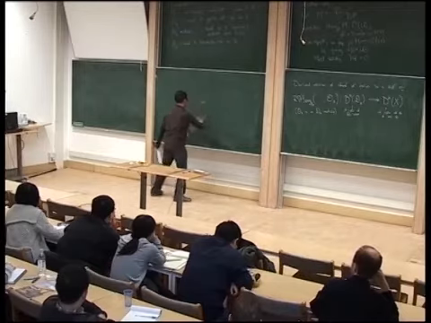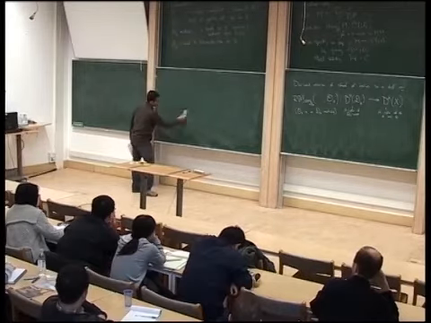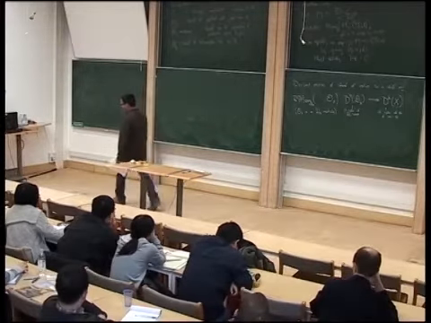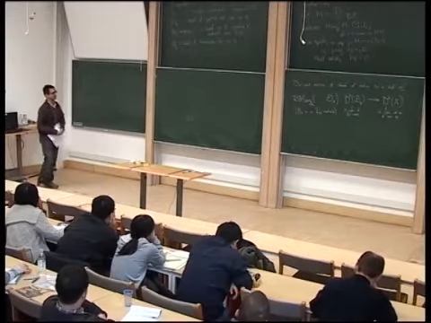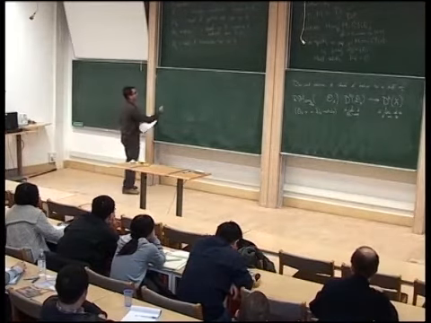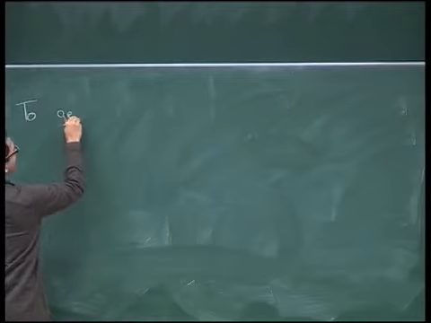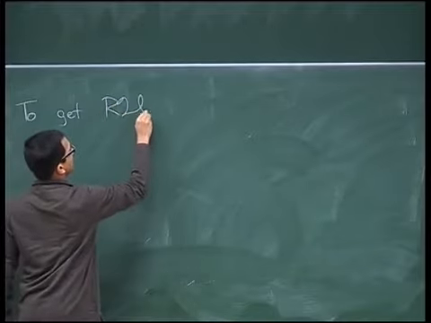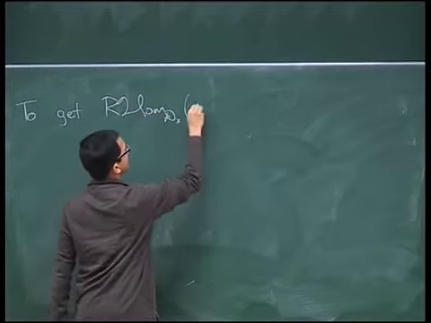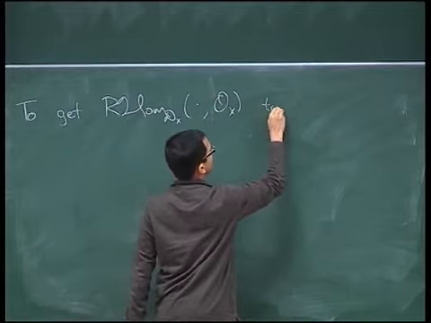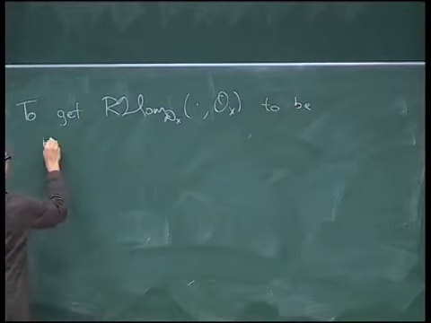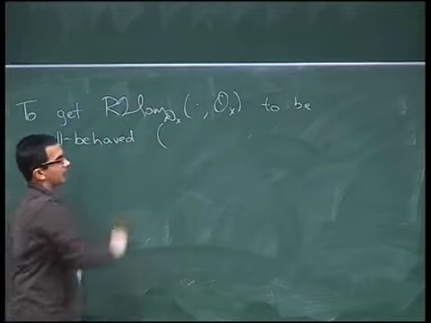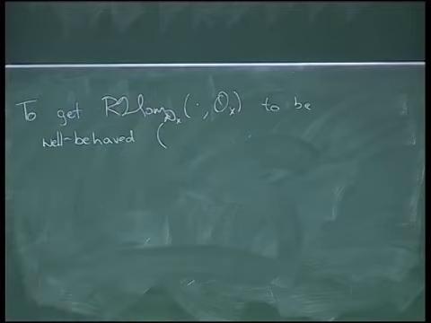achieve in higher dimensions. The problem is that if you just write down a partial differential equation in several variables, it can easily happen that the solution space is infinite dimensional. So to get this functor R Hom_{D_X}(-, O_X) to be well behaved, the first thing I mean by well behaved is that the solution spaces should be finite dimensional.